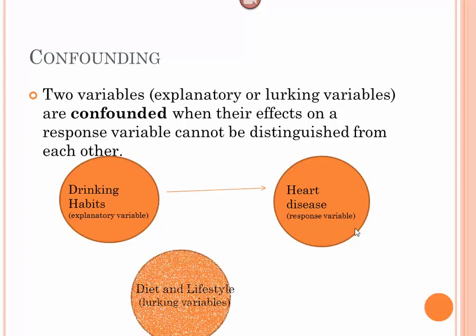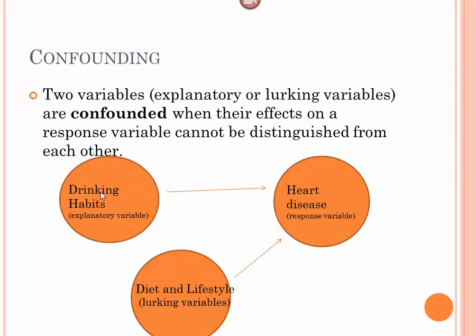The problem is that off to the side here, we had diet and lifestyle, which was really connected to drinking, but diet and lifestyle was what we call a lurking variable that was confounding our results. We say that two variables, explanatory or lurking variables, are confounded when we can't distinguish between their effects on each other. And so these two were in the background.